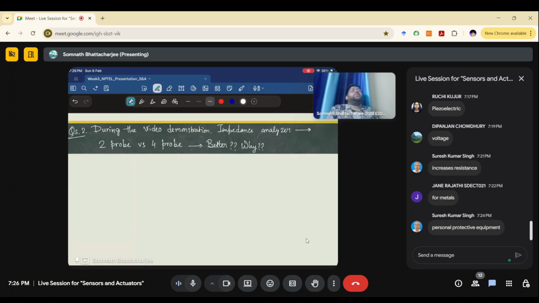I have a follow-up question as well. Everybody has seen the videos, right? It's a very simple answer. The answer was four probe obviously. But why? The main question was why. Why is four probe better than two probe? And what do you think if I increase the number of probes, let's say from four to eight? Will there be an increase in accuracy, or will it perform better?